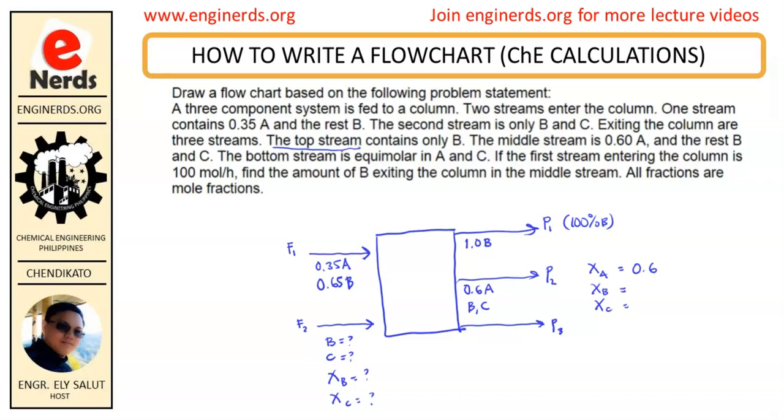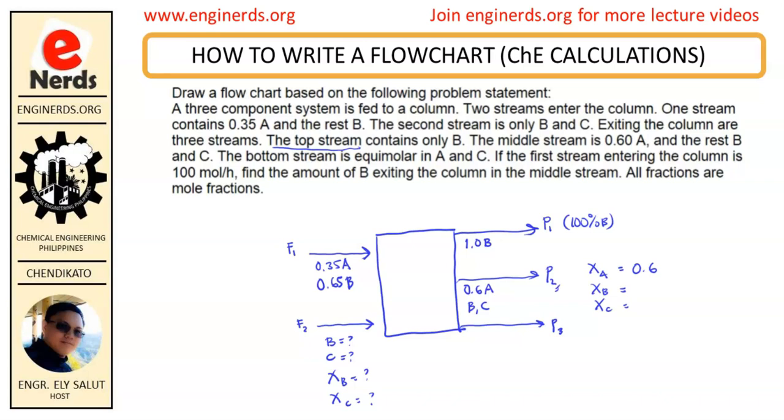Now, it will be confusing guys dahil meron tayo ditong XB and XC, and then dito rin meron tayong XB and XC. So, kapag ginamit na natin yan sa mga computation natin, it will be very confusing. So, ang ginagawa natin dyan guys is naglalagay tayo ng additional na notation para ma-identify natin kung sang stream sila. So, in this case, ang gagamitin ko is itong streams natin.